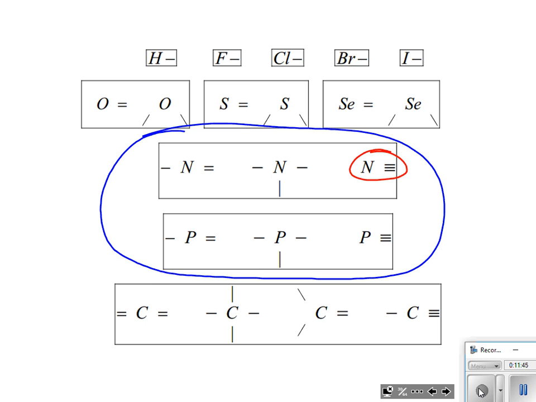We could have a triple bond. We could have a double bond with a single bond. Or we could have 3 single bonds. But either way, they're all adding up to be 3, correct?